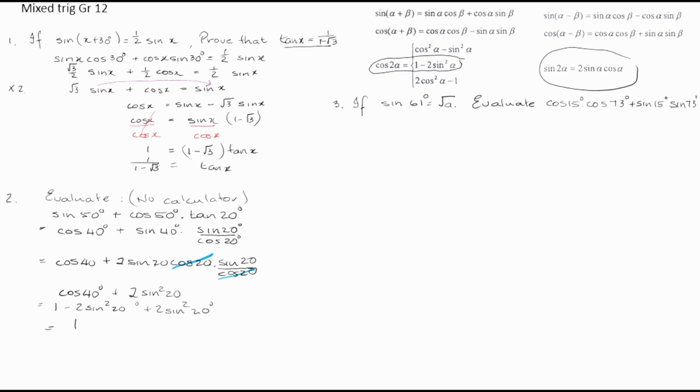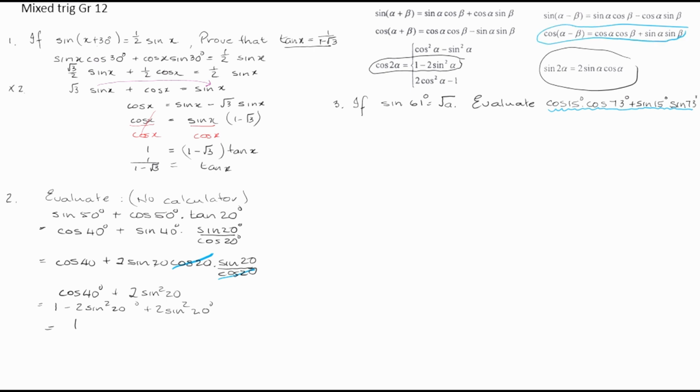The next question. If sine 61 degrees equals root A, evaluate cos 15 cos 73 plus sine 15 sine 73. Alright, well this here is your compound with a plus. Compound cos with a plus is this one over here.